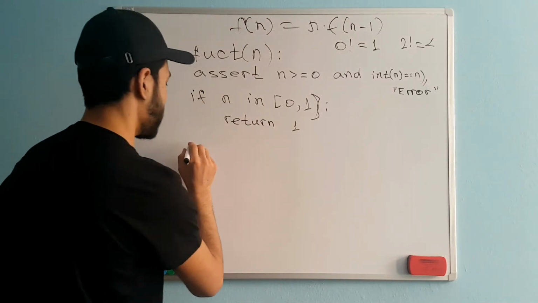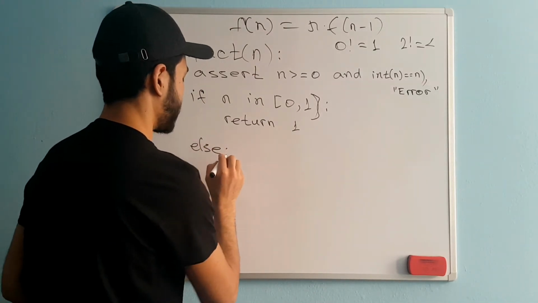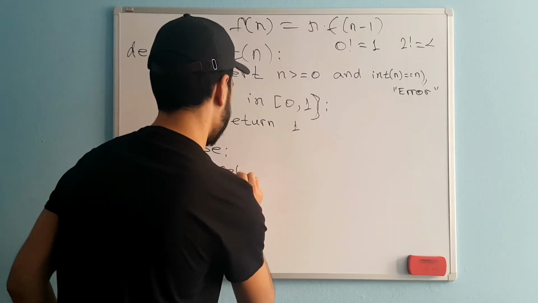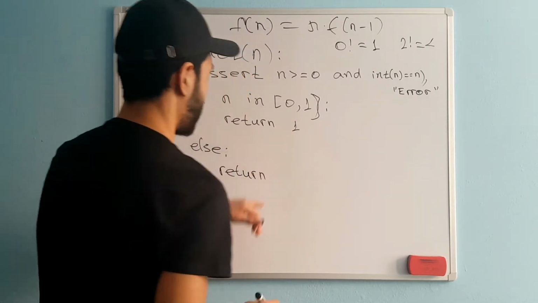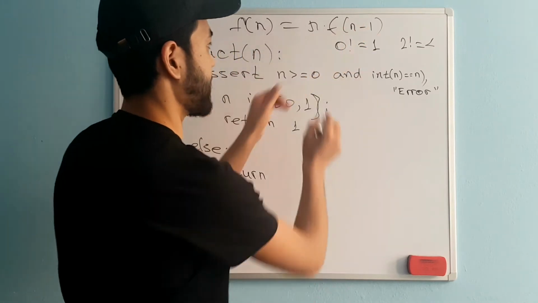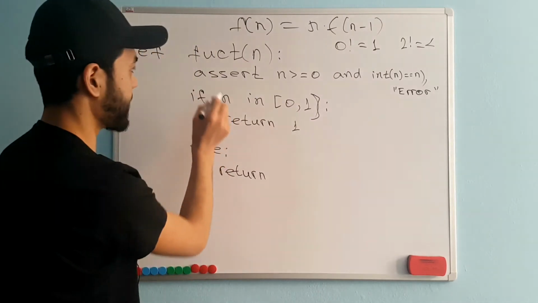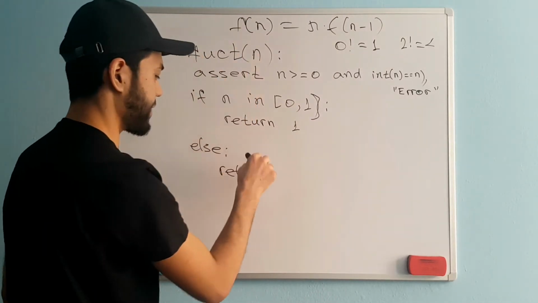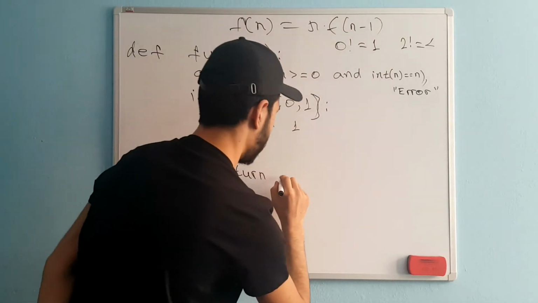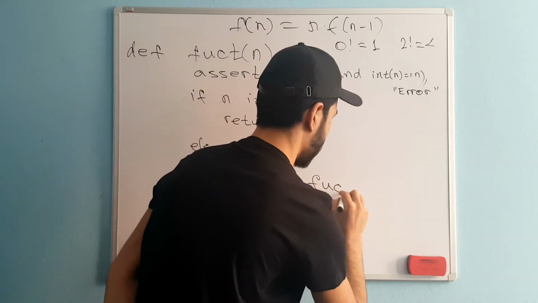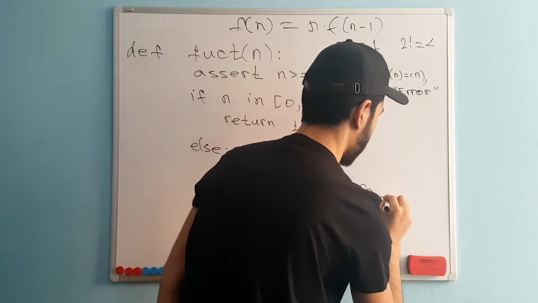If not, else we return the formula: n multiplied by the factorial function called inside the function with n minus 1.